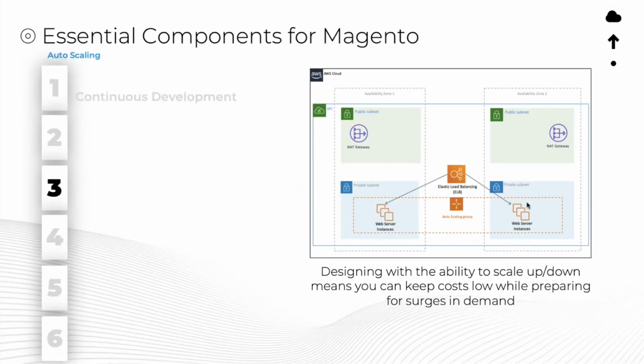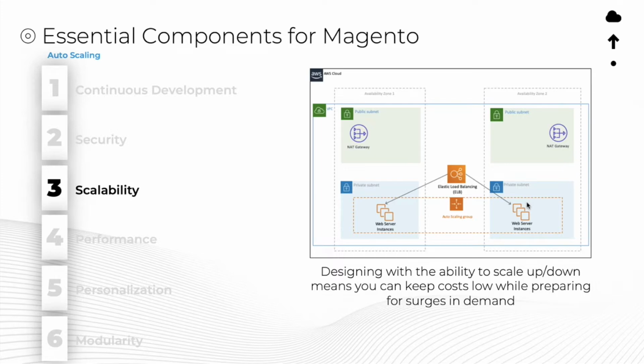Now, we talk about the variable demand of any e-commerce website that can be solved with the elasticity of the cloud, where AWS provides multiple services that support auto scaling on different levels. Load balancing is part of the service that helps in that auto scaling.